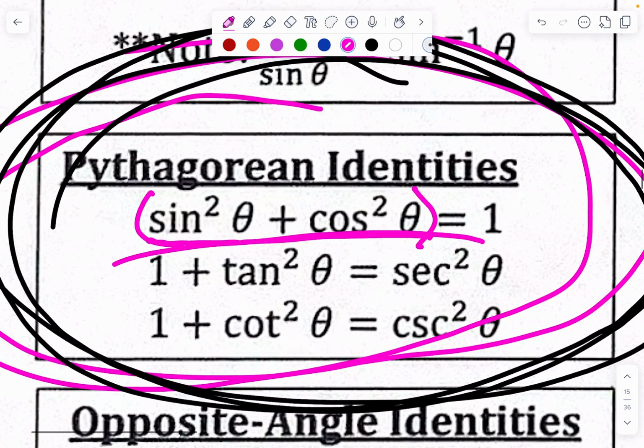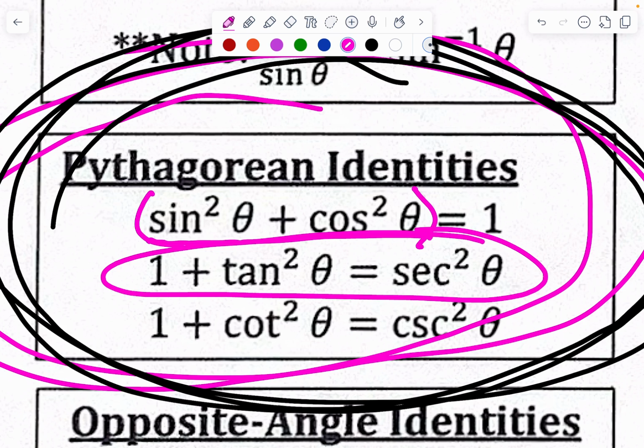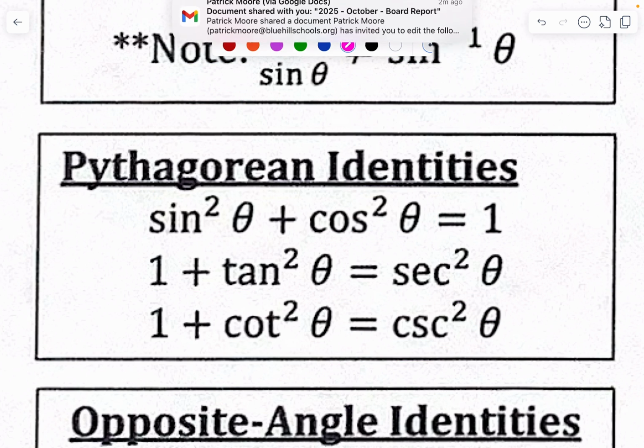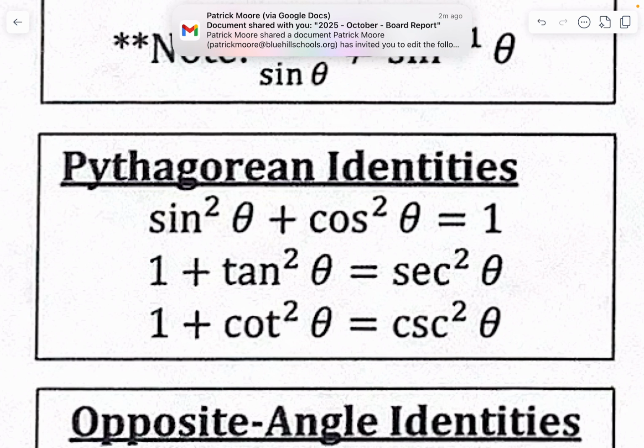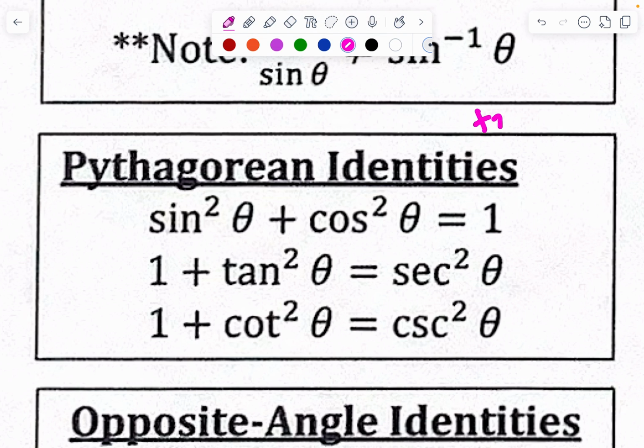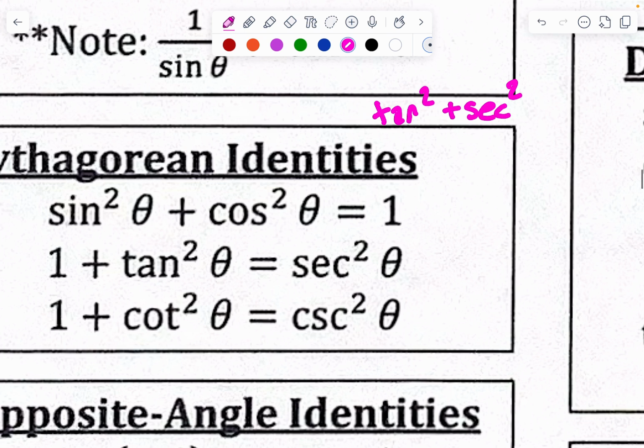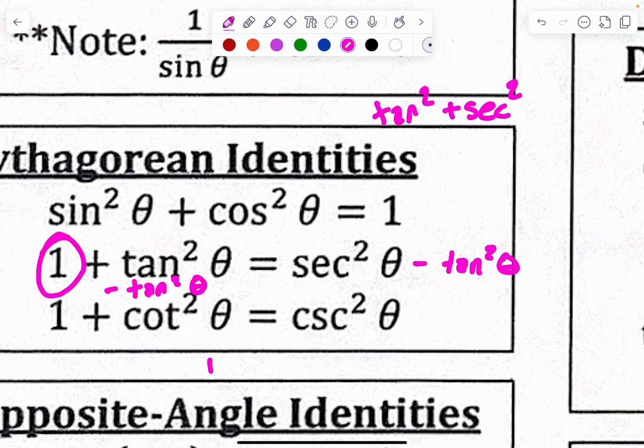All right, this guy says that 1 plus tangent squared is equal to secant squared, okay? So we can do some manipulation there, but what I have is tangent squared plus secant squared, okay? Now, for instance, if I subtract tangent squared theta here, I get that 1 is equal to secant squared theta minus tangent squared theta.